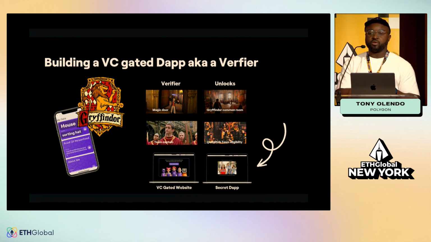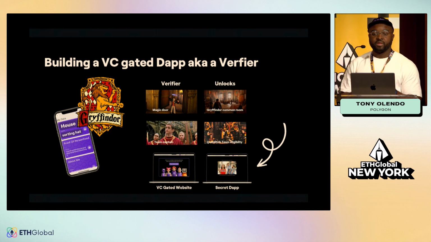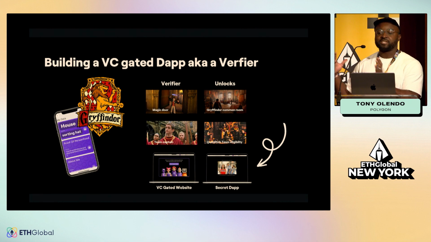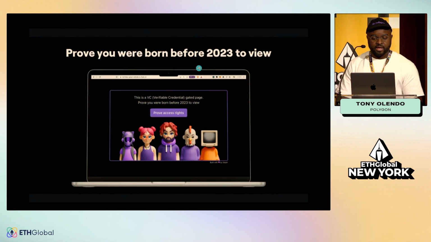If you go back to the ETHGlobal YouTube and look for a talk titled Building a VC-gated dApp, you'll see Steph's talk, and it covers the catch section. I've shown you the pitch, so the pitch and the catch are covered, and you can see a full-service example of what that looks like. Once you have that, you have all of the pieces you need from the issuance side, and then you have the verification side that you can continue to use.